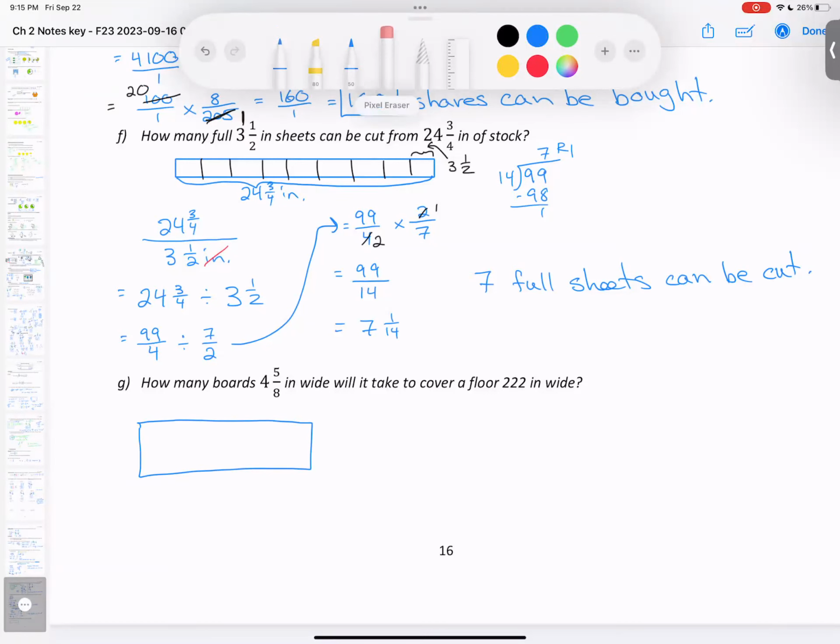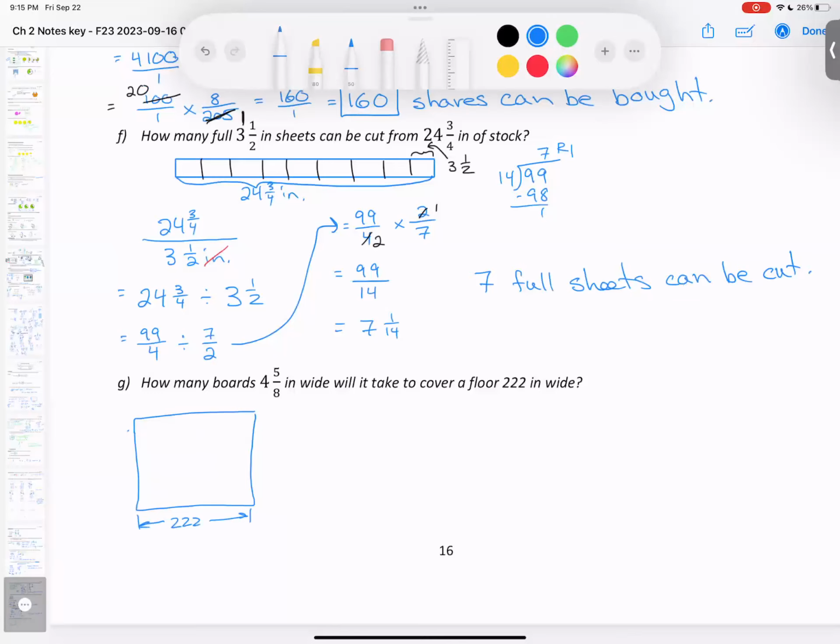I guess I haven't drawn it very well, but I'm going to redo that, because usually width is your smaller dimension. Okay, here's our floor. That's looking a little bit better. And so let's say we have 222 inches here. Okay, and we want to know how many boards 4 5/8 inch wide can we cut from that.